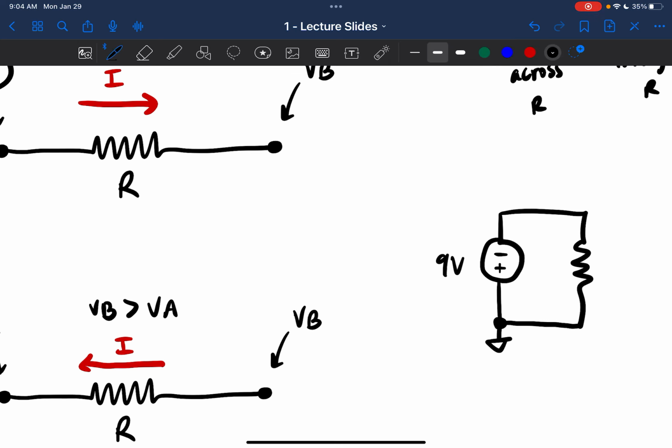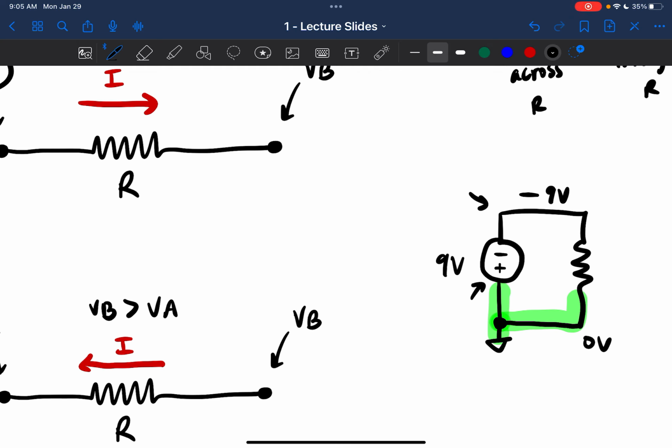So what do I know first? What I always know is that ground is the 0 volt potential, so this net on the bottom here is going to be 0 volts. I also know that a battery tells me that the plus side of my battery is 9 volts higher than the minus side. If the plus side is at 0, then my negative side would have to be at negative 9 volts.